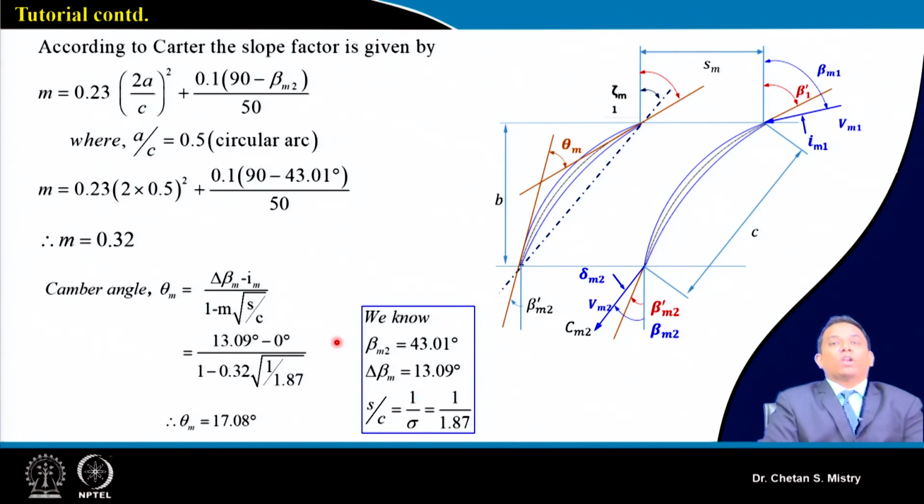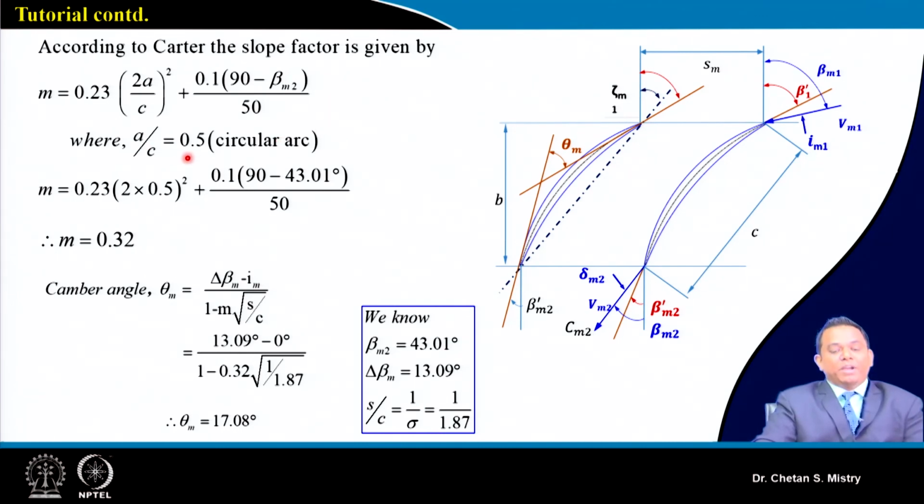We need to calculate my camber angle, the deviation angle, as well as the stagger angle. So, we can say this is my circular arc. Be careful here, my Mach number is coming in the range of 1.4. So, we will go with a double circular arc kind of configuration, and our camber line will be a circular arc camber line.